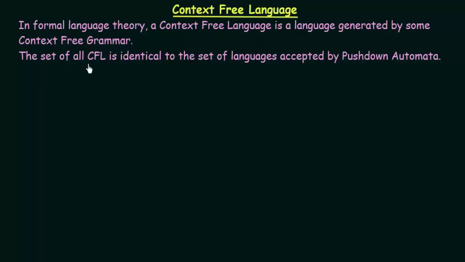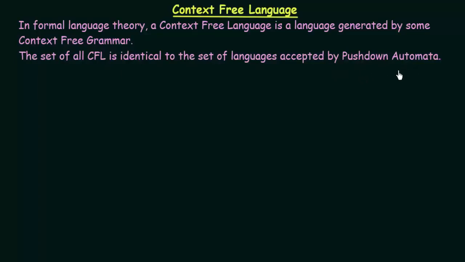And the set of all context-free languages is identical to the set of languages accepted by push-down automata. So, if you remember the table of Chomsky's classification of grammars that we saw in a couple of lectures back, you must remember that the automata used for designing context-free languages are push-down automata.